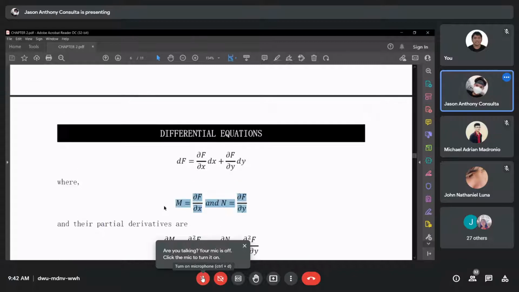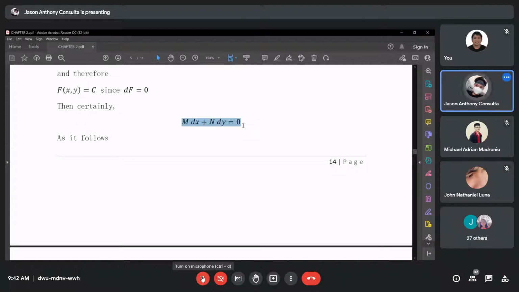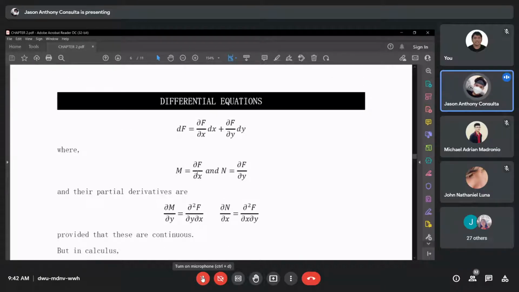Okay? We have this one, M dx plus N dy is equal to 0, and we have the value of M and N. Okay?